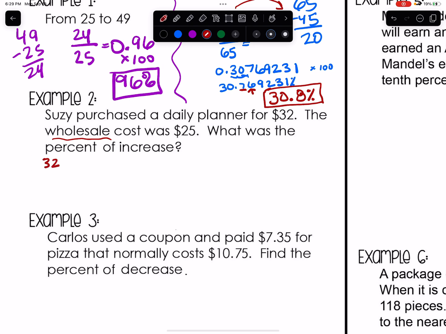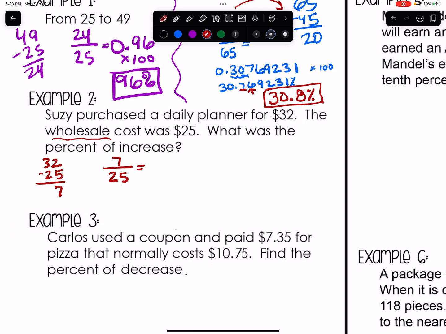We need to find out how much that price changed by subtracting. It changed by 7. So we want to do the change over the original number. Remember, the original number is what that price started at. It started at 25. It is not necessarily the order the numbers appear in the word problem.